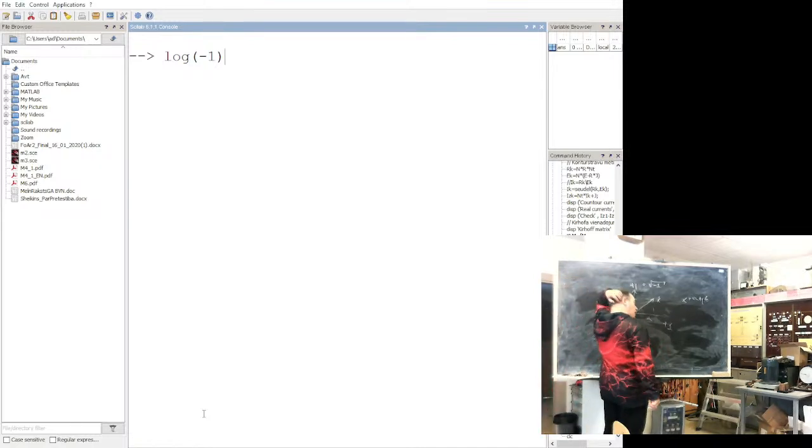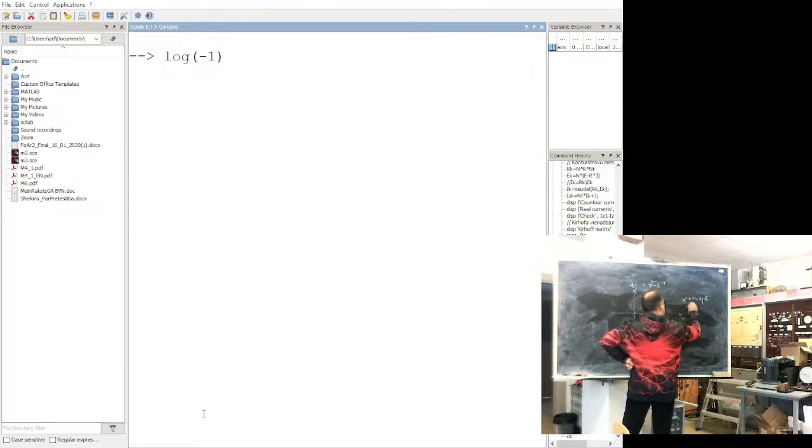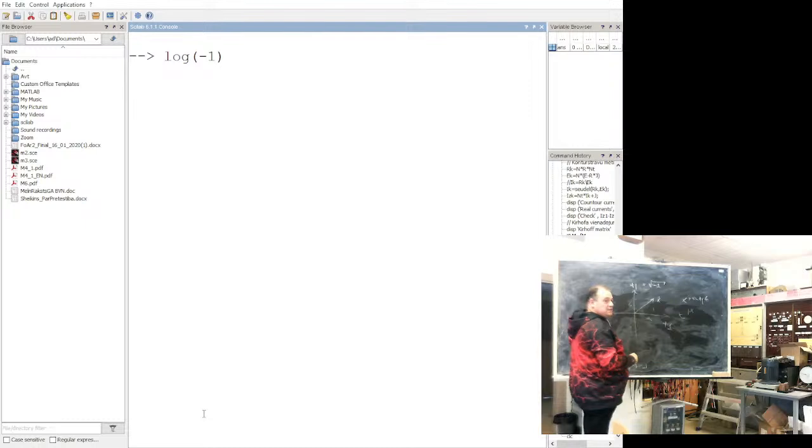Multiplying it by e to the power j alpha. What does j alpha mean?